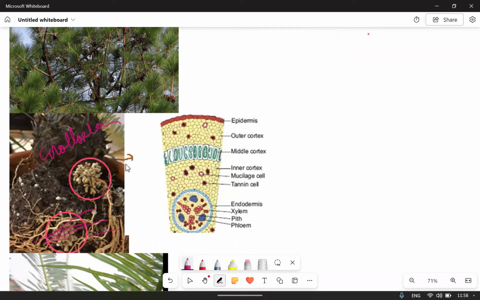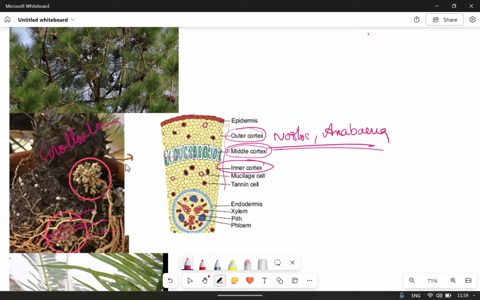You see here, this is epidermis and this is the general cortex. So general cortex: outer cortex, middle cortex, and inner cortex. The middle cortex has blue-green algae. What are these blue-green algae? Nostoc and Anabaena.